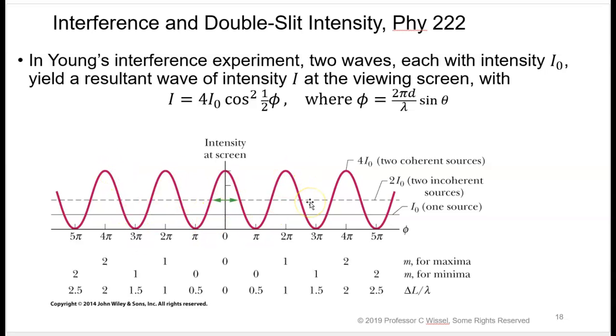Energy is conserved. It is neither created nor destroyed here. All that's been going on is that it has rearranged itself. Instead of filling up the entire screen like this, it arranges itself in these light and dark bands. But if you look here, this right here is the average of this.